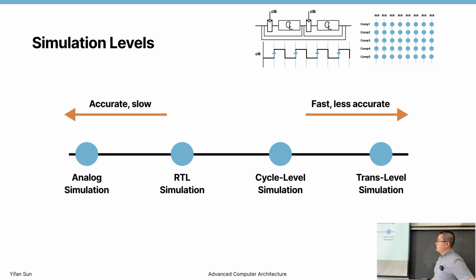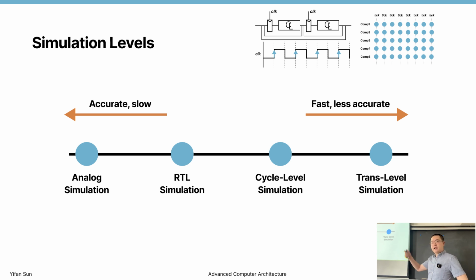Then on the other side, higher than cycle level simulation, we can even do higher, transaction level simulation. For example, if I know a matrix multiplication will take 1 second to run, and I'm going to run 10 matrix multiplications, now quick simulation tells me that the whole program will run 10 seconds, right? We don't really go cycle by cycle, low level detail.